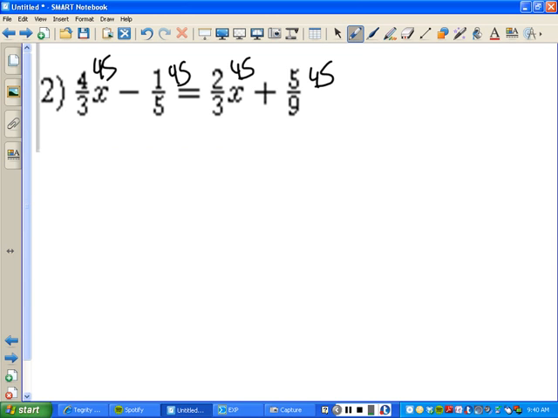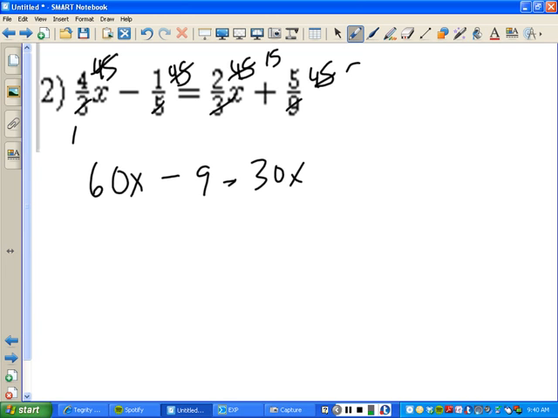Okay. 3 goes into 45 15 times. 15 times 4 is 60x. 5 goes into 45 9 times. 3 goes into 45 15 times. Times 2 is 30. 9 goes into 45, 25.